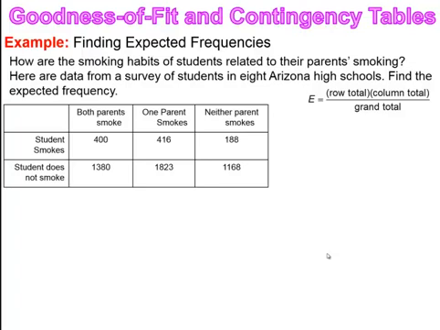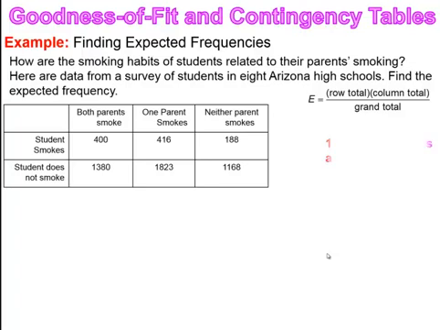So in this case, we have an example of how the smoking habits of students relate to their parents' smoking. Here are the data from a survey of students in 8 Arizona high schools. Find the expected frequency. So the formula again is taking the row total multiplied by the column total divided by the grand total. And you have to do that for each cell.